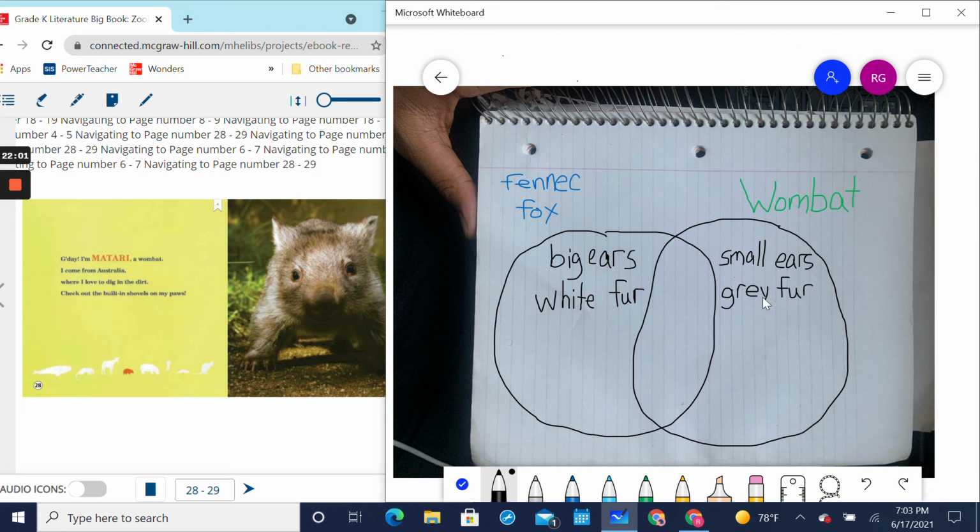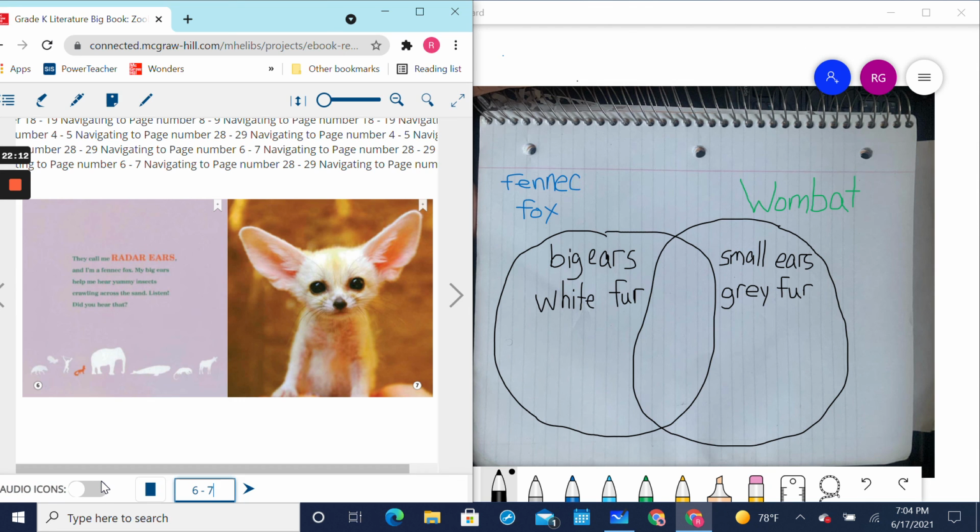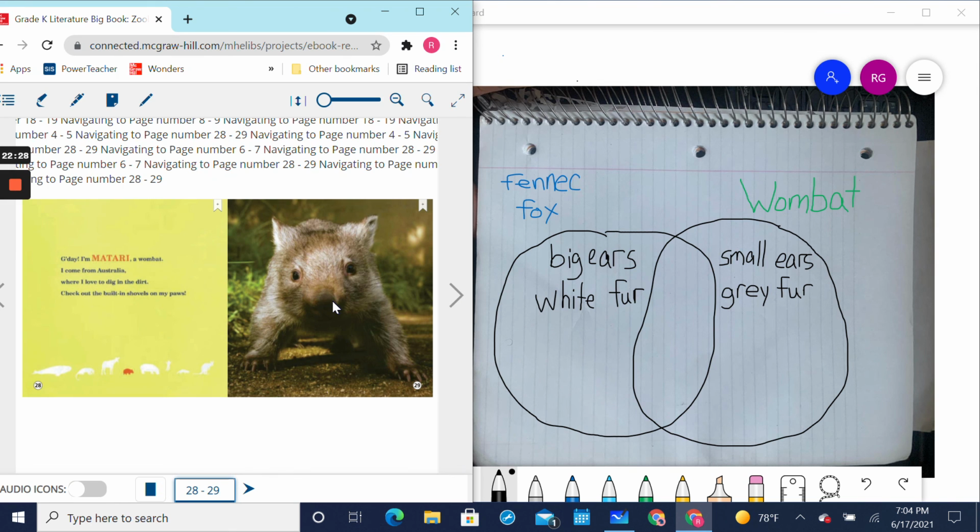What's the same about these two animals? What is the same about our wombat versus the fennec fox? What is the same? One thing that I noticed is that both the fennec fox and the wombat have little noses.